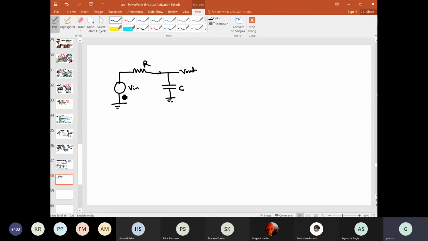But for our easy analysis, we will consider that the input is a step input. Remember that. Step input, right? And if you want to get the analogy with our CMOS inverter, then you can think of this part like this, like where this is coming from.